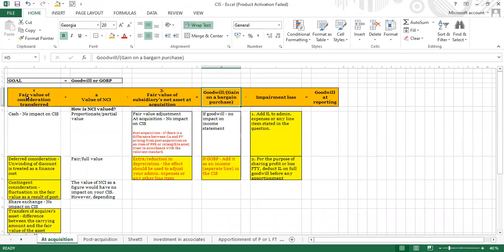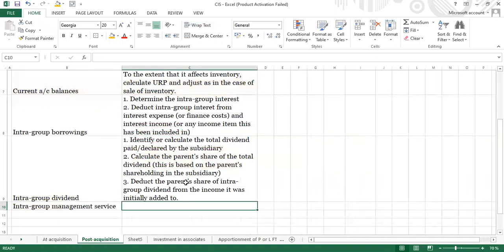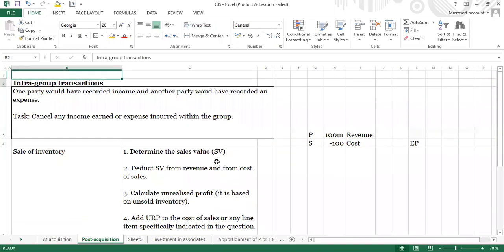For each ingredient, we have examined how it will affect the profit or loss account. We also learned that once you are at acquisition, this consideration transferred is between the parent and the owners of the subsidiary. So once you acquire that subsidiary and make it your subsidiary, the next thing is the post-acquisition transactions.